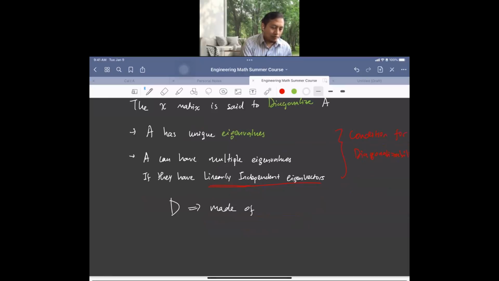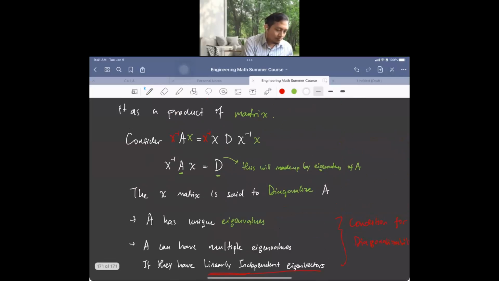So we can say that D is made of the eigenvalues of A, and X is made of the eigenvectors of A. You can say X or K, using K for eigenvectors is also fine, because I think your textbook uses K, so let me write K to make it similar to the textbook.